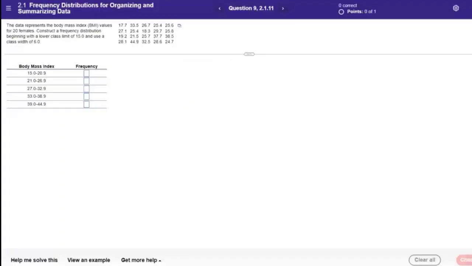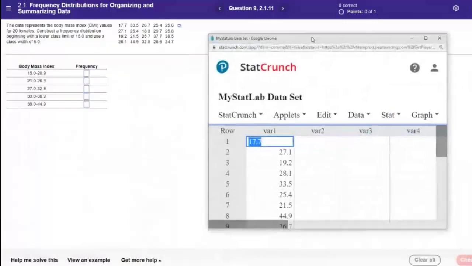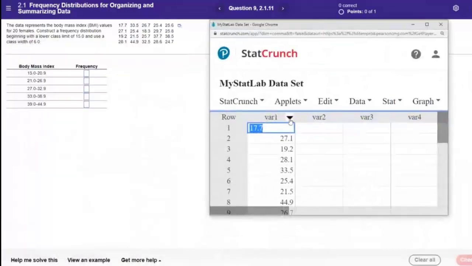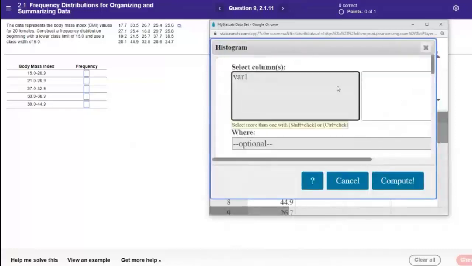When the data is already presented in the column, it does not really make the histogram for you. However, Statcrunch is extremely helpful in taking all of these little data values and rather than you having to go through and count what they fit into. Watch what I do with Statcrunch on this particular one. So it brought all of those data values in here into a column, and I'm going to tell it to make a histogram.